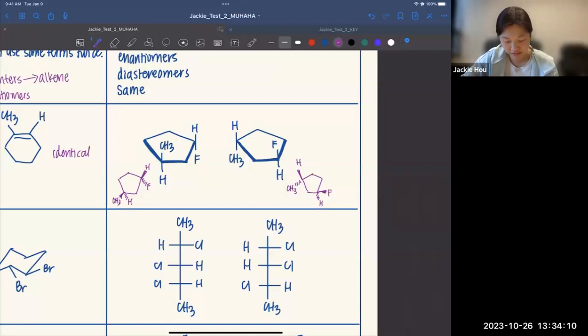That makes it easier for me to compare whether or not they're enantiomers, diastereomers, or the same.